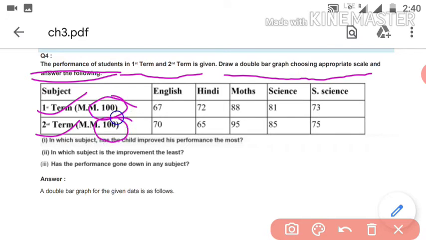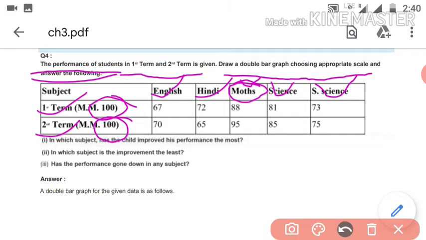So marks is given, maximum marks 100, and for term 2 also maximum marks 100. English, Hindi, maths, science and social science. So this is maths, spelling is a typing mistake here, so this is not O, this is A.